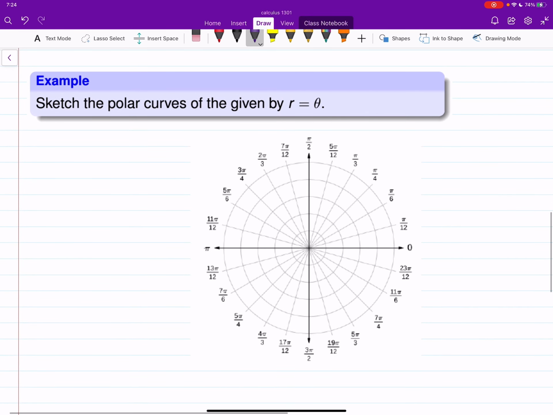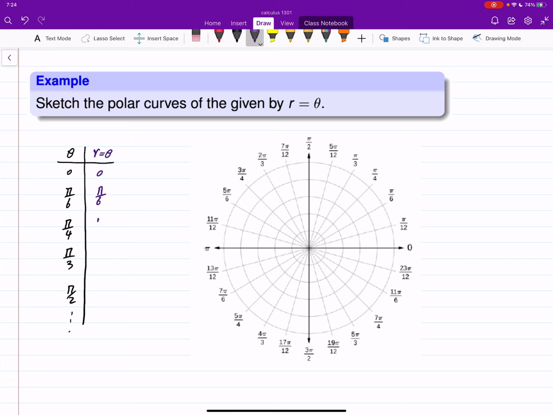Let's do another one. r is equal to theta. In this case you get different values of theta. I'll put, for example, 0, then pi over 6, pi over 4, pi over 3, pi over 2, and I will continue this. Since r is equal to theta, for each one you get the same number.